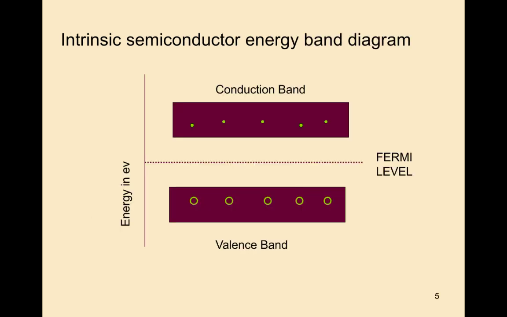Next we observe the energy band diagram of intrinsic semiconductor. The number of holes and electrons are equal. The Fermi level lies in between the conduction band and valence band, in the middle.